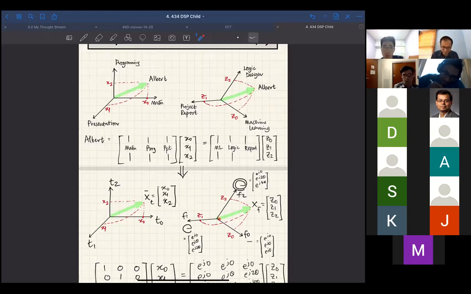Similarly, you can take any signal and express it as a combination of a stick that is not moving, a stick that is moving once per cycle, 1 cycle per n time units, and a stick that is moving 2 cycles per n time units.